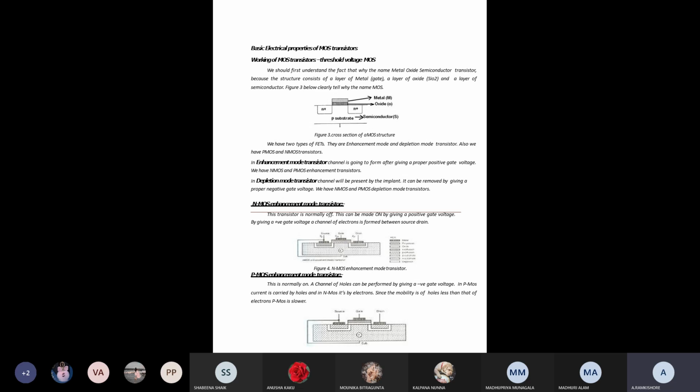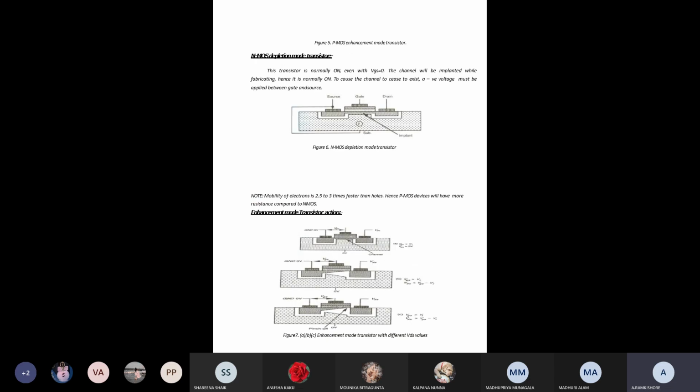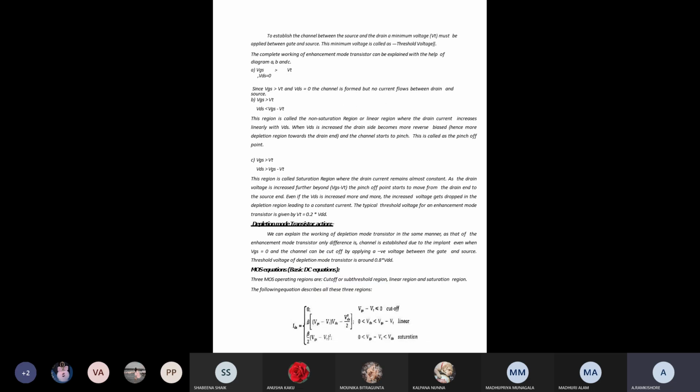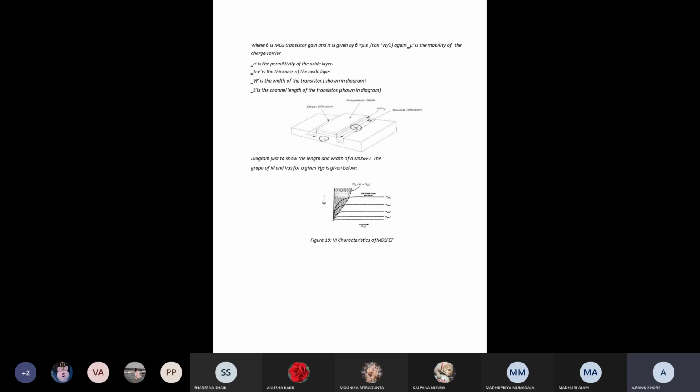These two modes of transistors work under the saturation condition and the non-saturation condition. We already discussed these operations category by category in the last sessions.